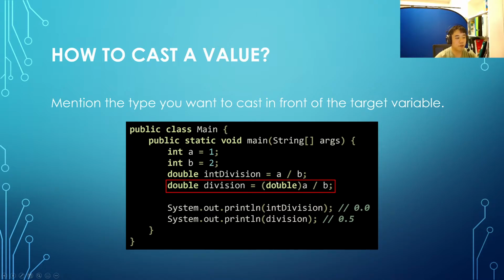We need to convert at least one variable to become a double, so that we retain our decimals.